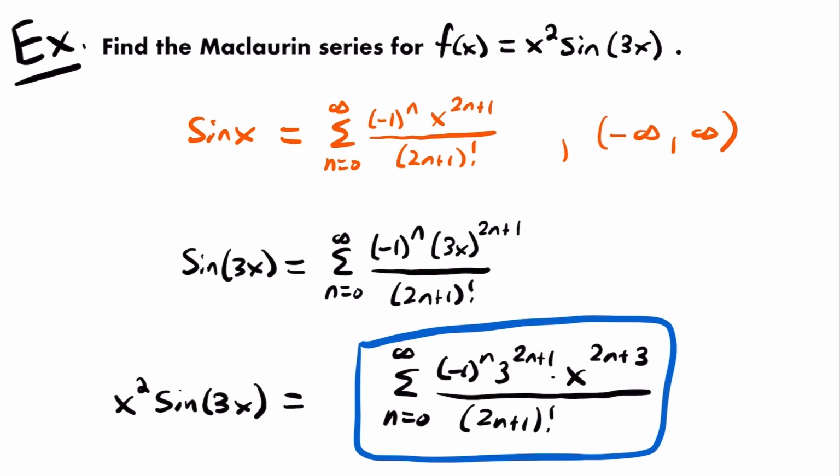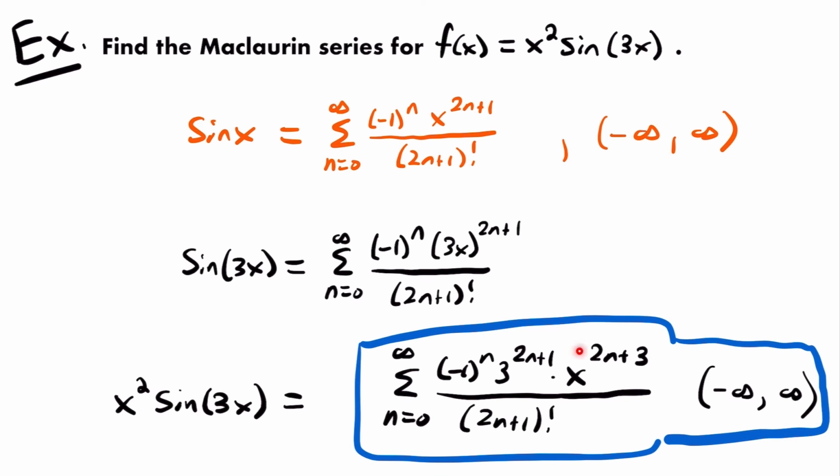And then the interval of convergence for this Maclaurin series will be the same as the interval of convergence for the original sine function. And so if you want to make a note of that, this is also convergent from -infinity to positive infinity. Okay, so you can include that in your answer as well. That is the interval of convergence for that Maclaurin series that represents this function.